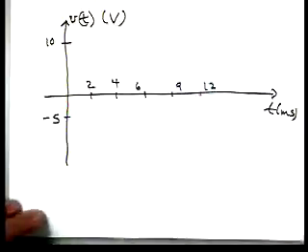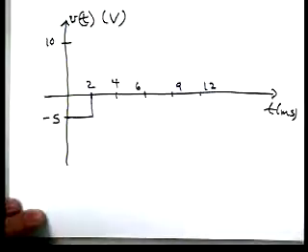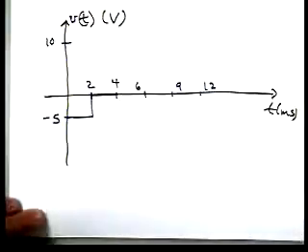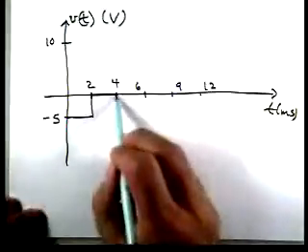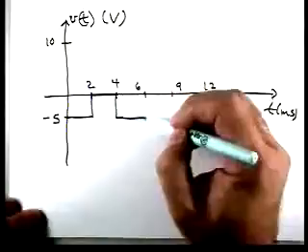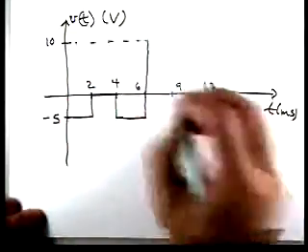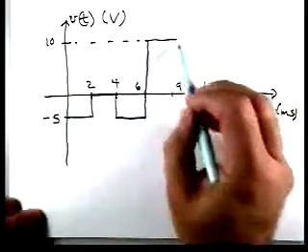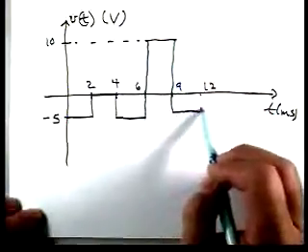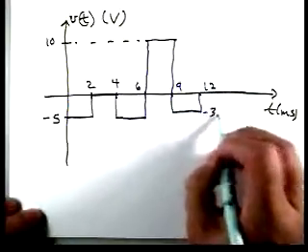So we start off at minus 5 for 0 to 2 milliseconds. Then it's 0 from 2 to 4. Then we're back to minus 5 from 4 to 6. Then we jump up to 10, and we're at 10 from 6 to 9. Then we jump down to minus 3.33, and then we wind up at 0.